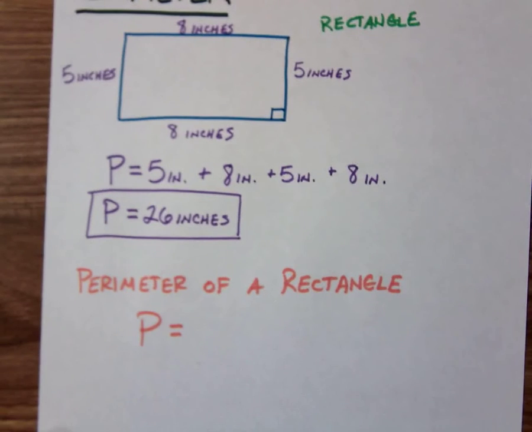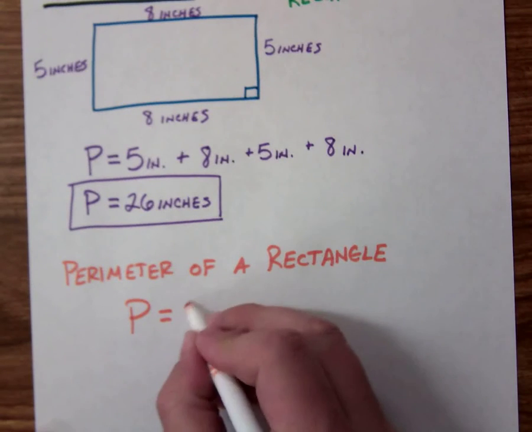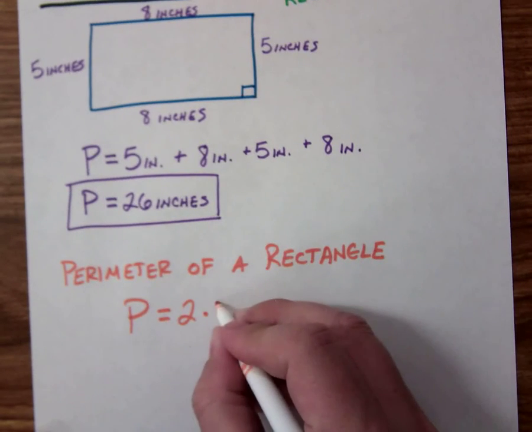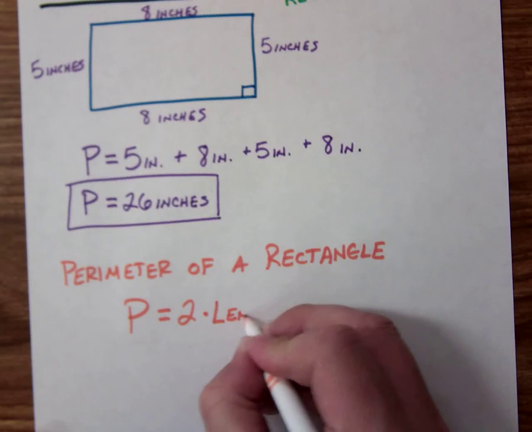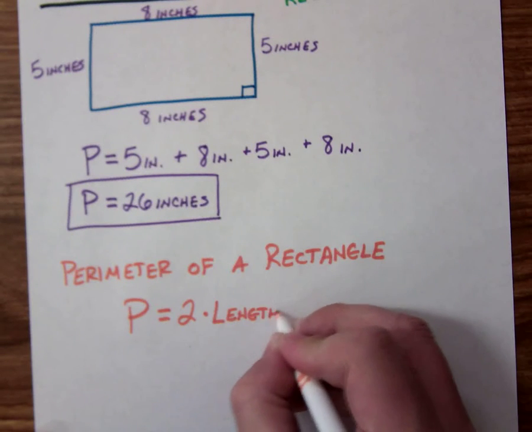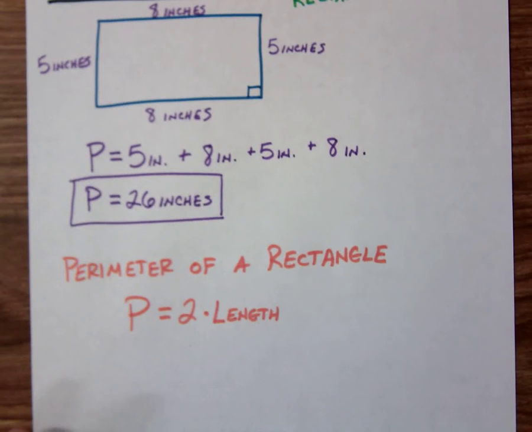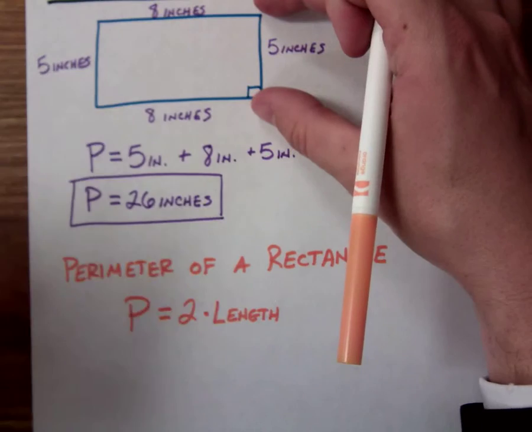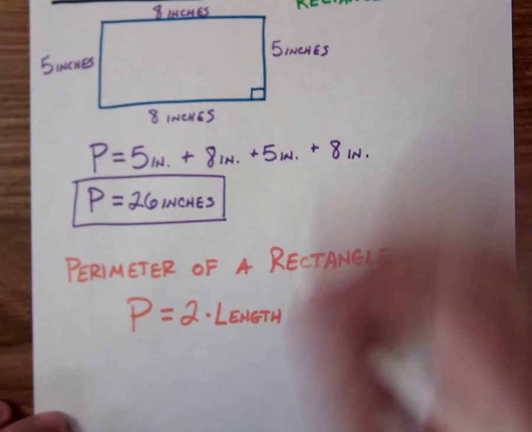Take the length of the rectangle and double it. So 2 times the length of the rectangle. Then I would take 2 times the width of the rectangle, which is this distance going up and down, the width. I've got 2 of those.